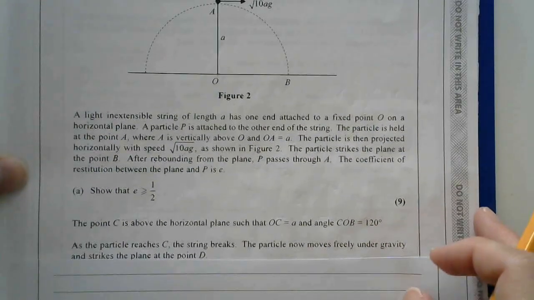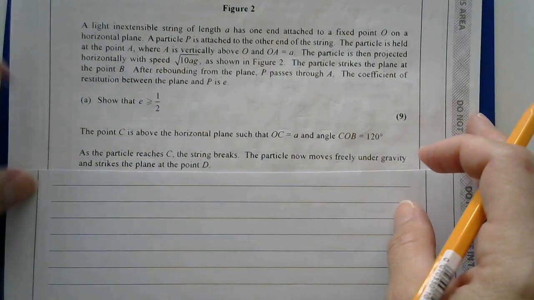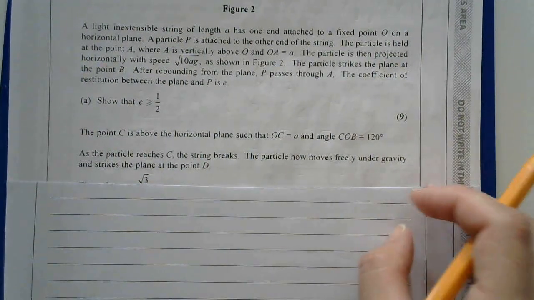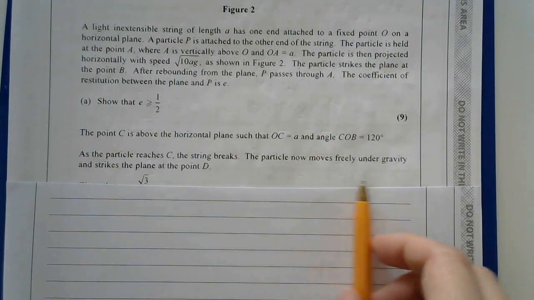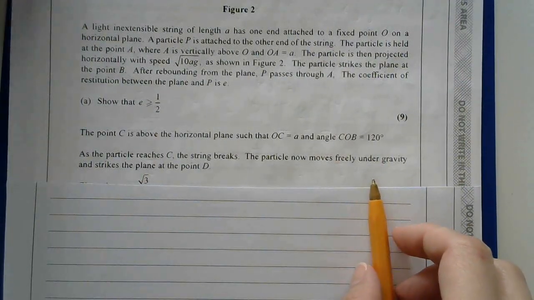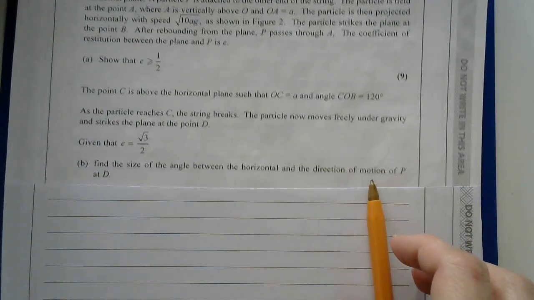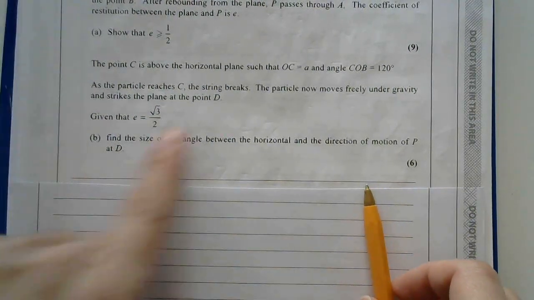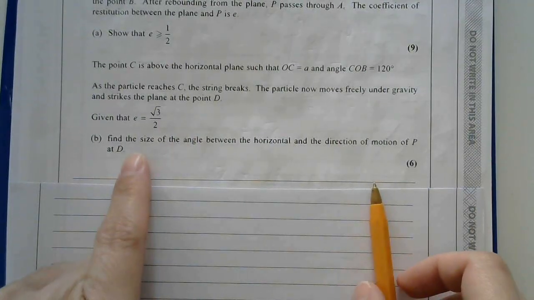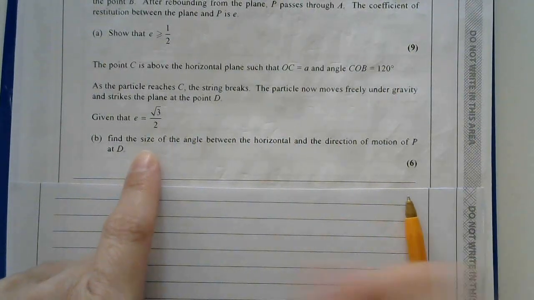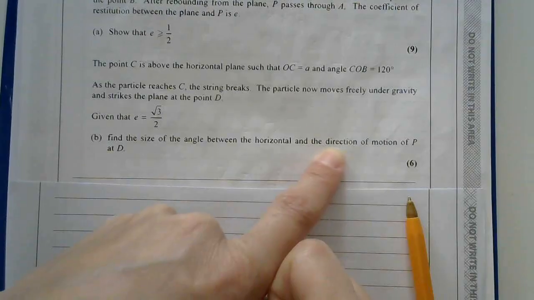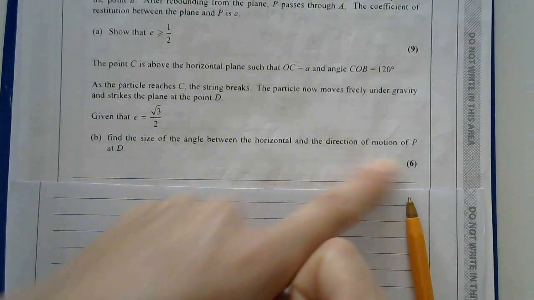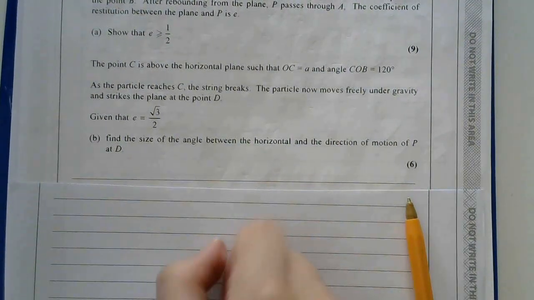And as the particle reaches C, the string breaks. The particle now moves freely under gravity and strikes the plane at point D. Given that e is this, find the size of the angle between the horizontal and the direction of motion of P at D. Yuck.